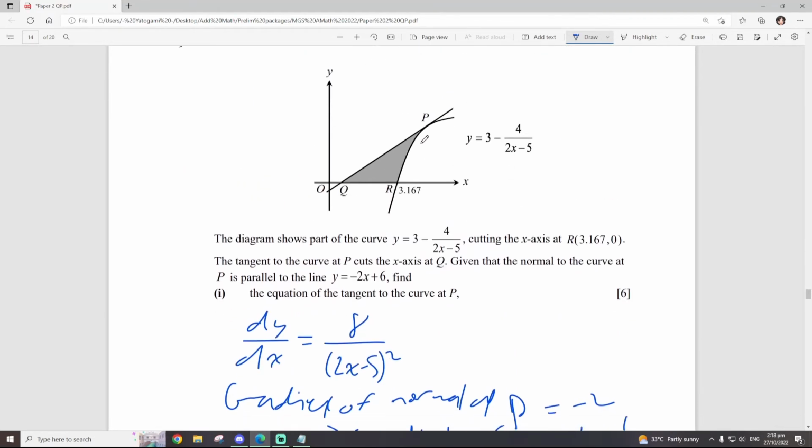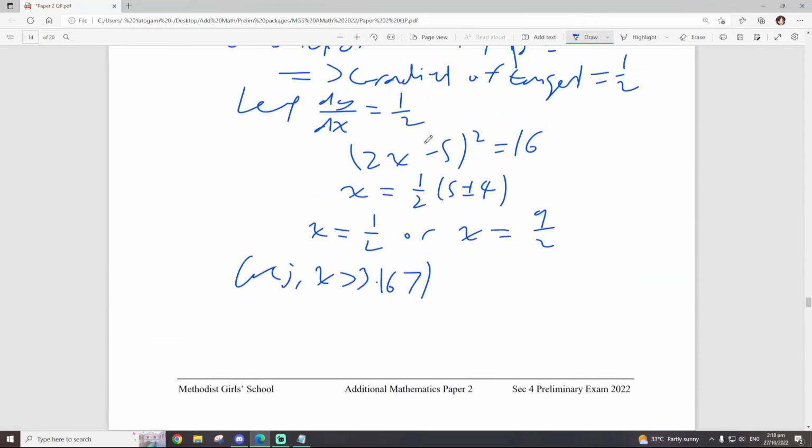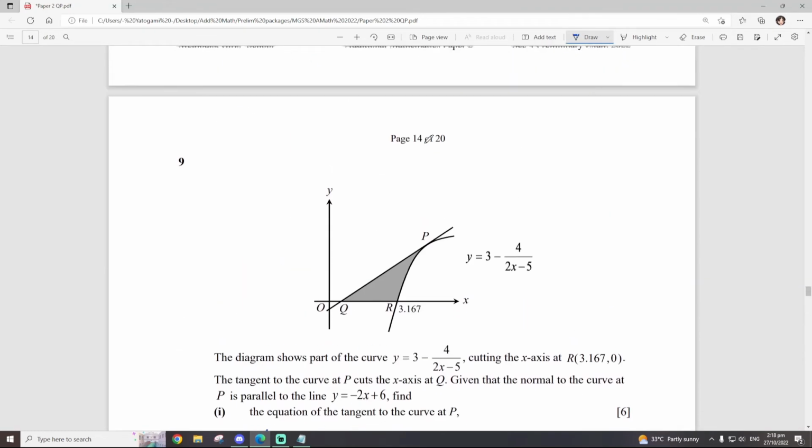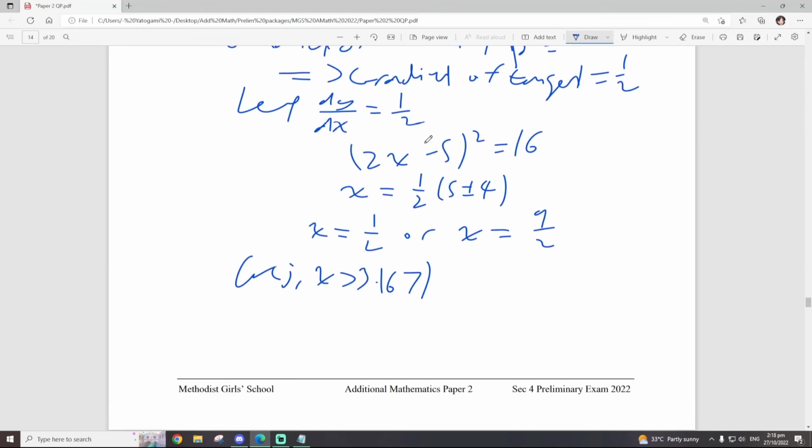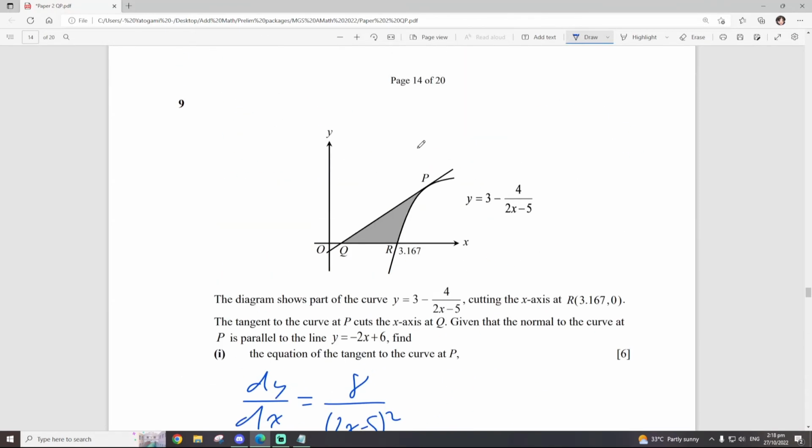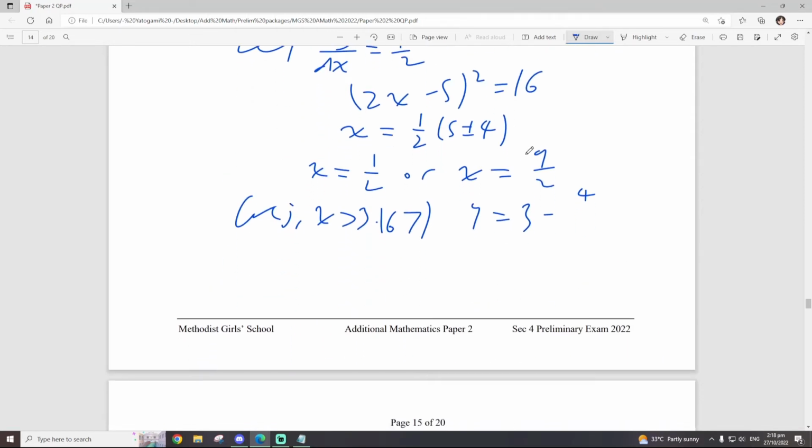Once one has that value of x, one can find y. y equals 3 minus 4 over (2x minus 5), so this is 3 minus 4 over (9 minus 5). So this is just 2.